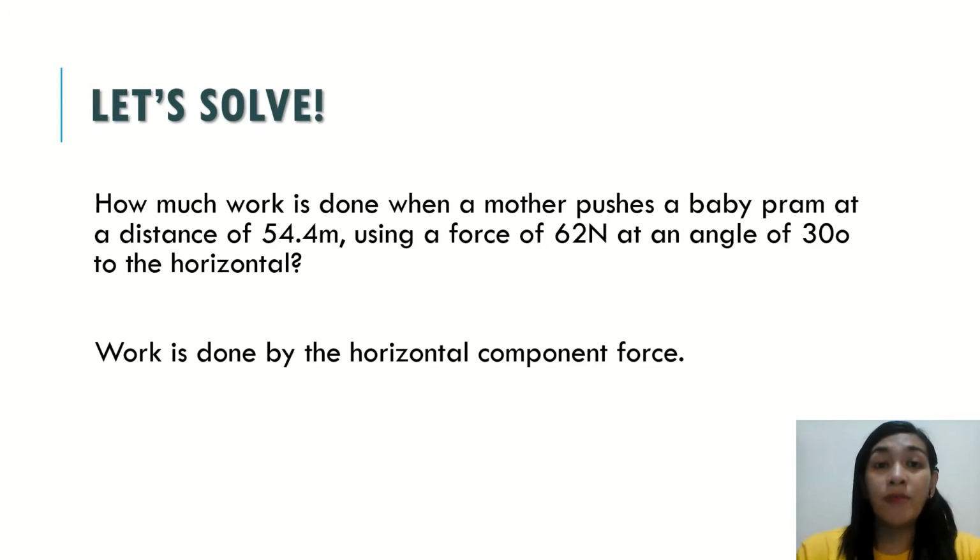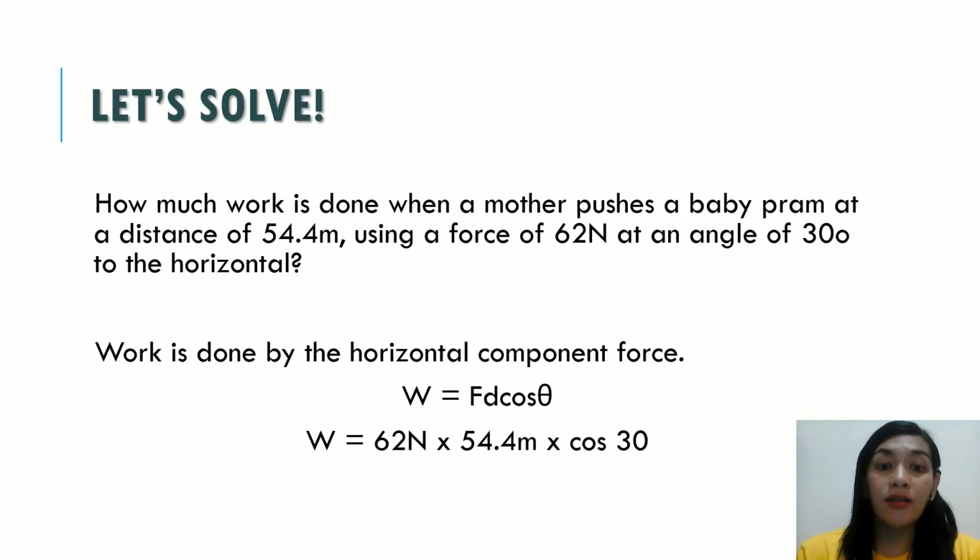Now, in our problem, work is done by the horizontal component of the force. So we substitute our values in our formula. Work is equal to force multiplied by distance multiplied by cosine theta. Our force is 62 newtons as mentioned in the problem, the distance is 54.4 meters, and our angle is 30 degrees.